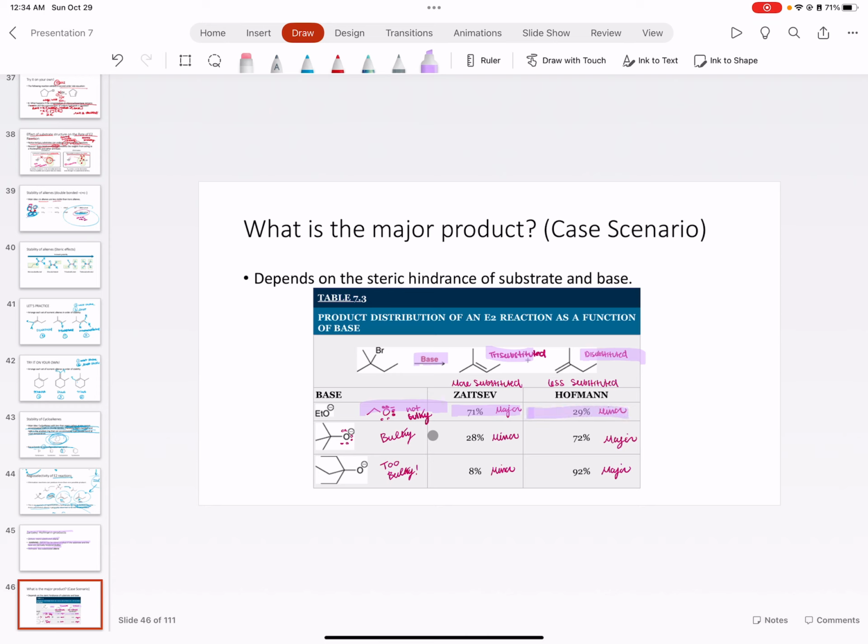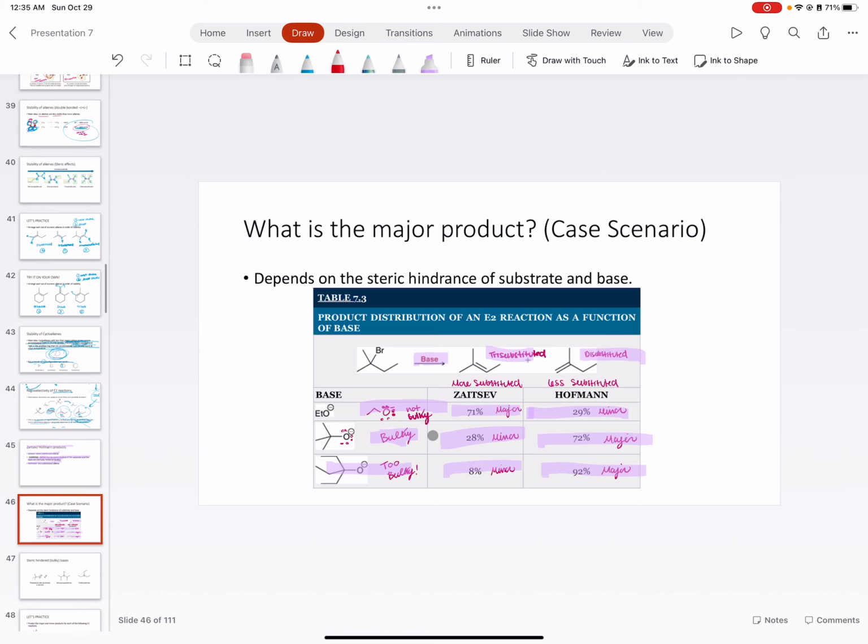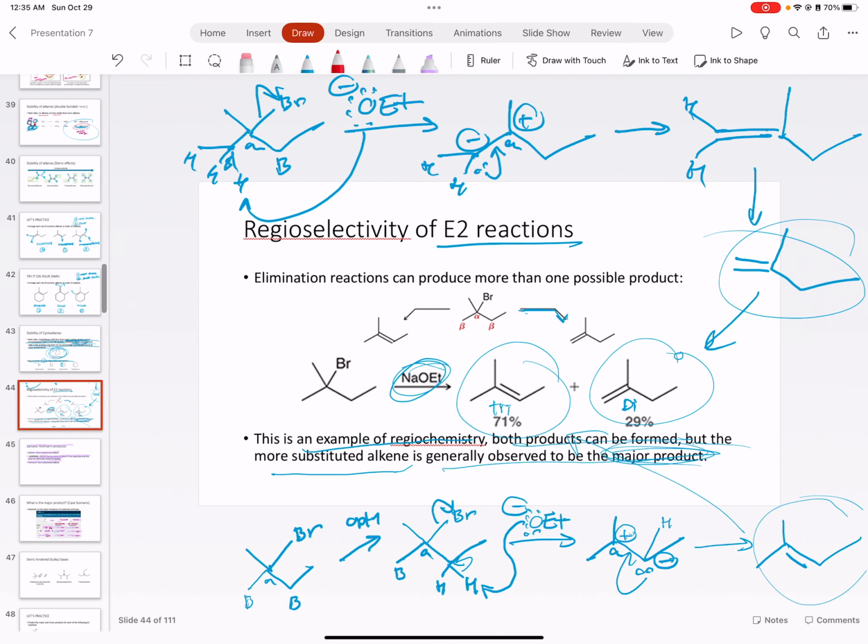But when our base is really bulky, then the more substituted is going to be our minor, while the less substituted is going to be our major. So the bulkier the base is, then that means that our less substituted alkene is going to be our major product. So you have to take that into account. Like in this case, for example, this base is not bulky at all.